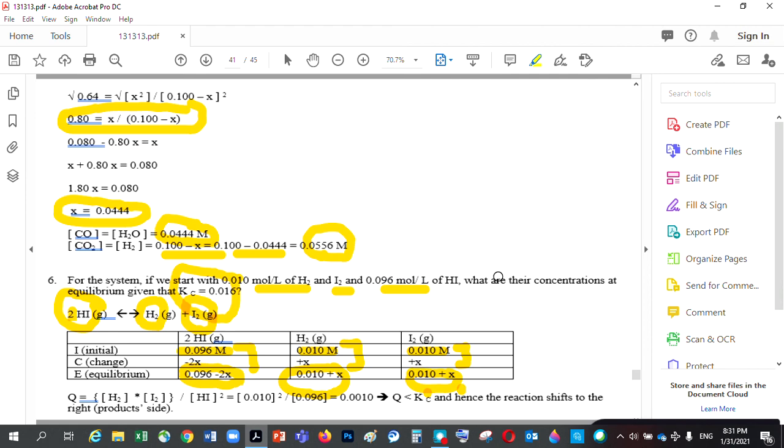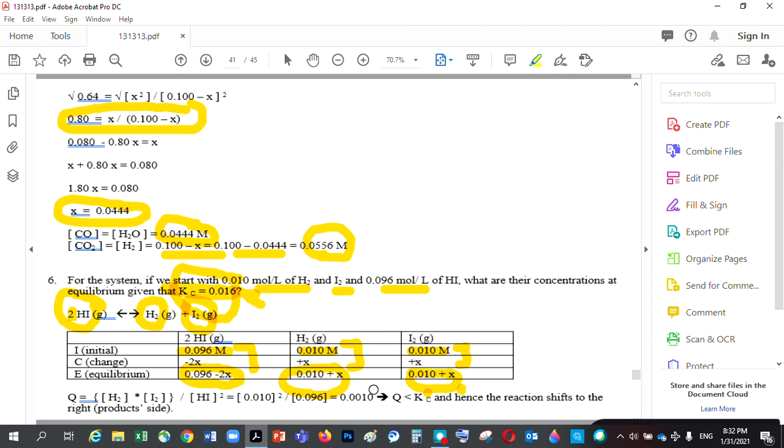Well, let's see here. We have to get our Qc and compare it with our value of Kc, which is here. This is our Kc, 0.16.